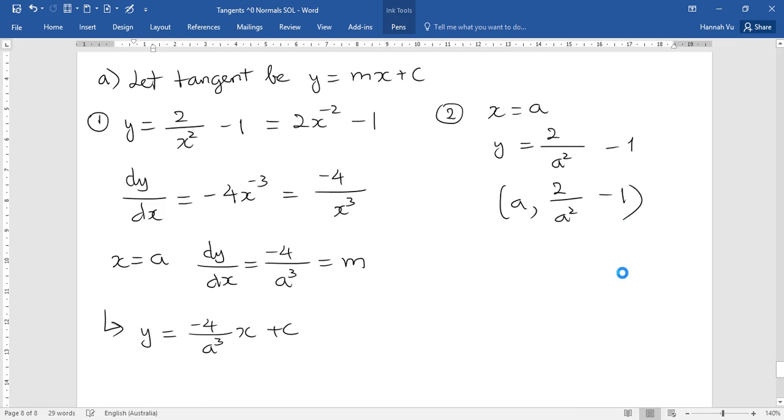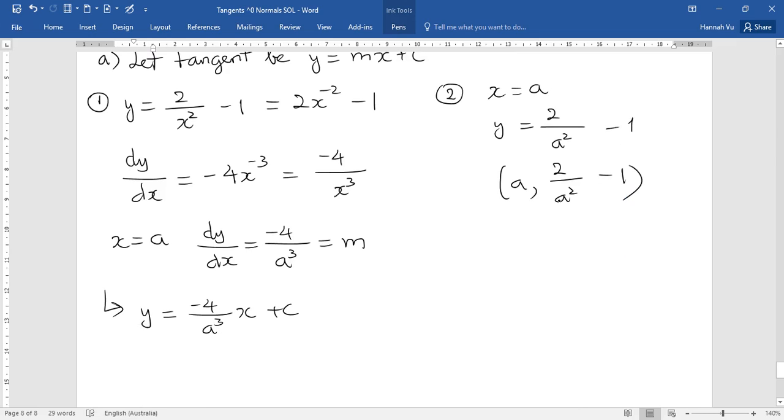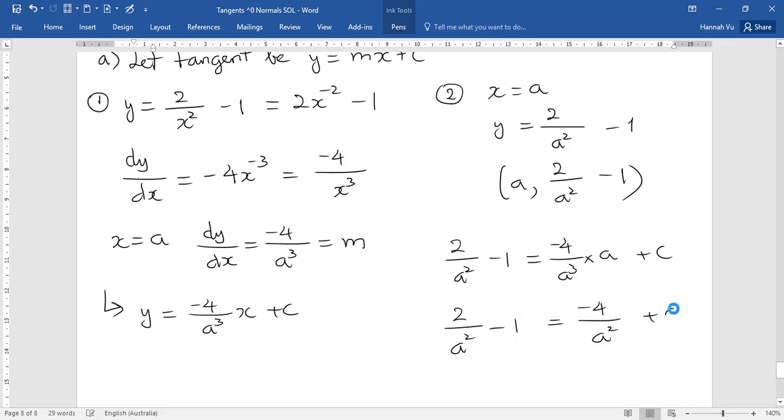If I substitute these x and y coordinates into this equation, I will have 2 over a squared minus 1 equals negative 4 over a cubed times a plus c. Doesn't look as bad as I thought. So 2 over a squared minus 1 equals negative 4 over a squared plus c.